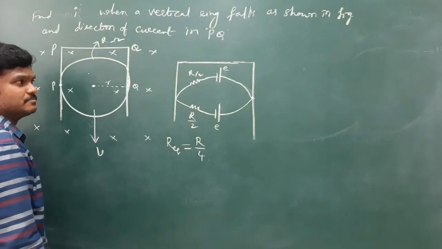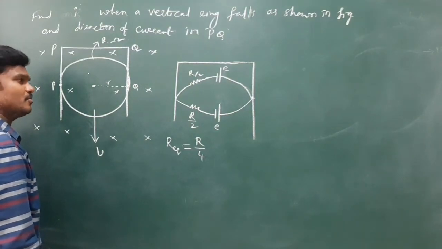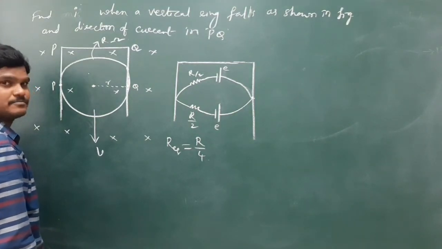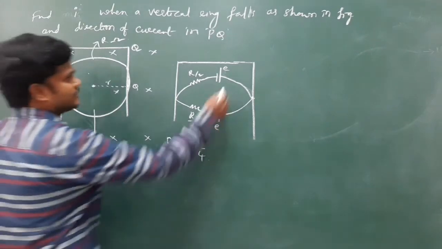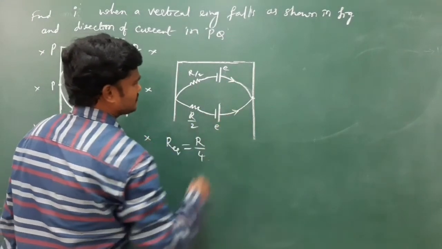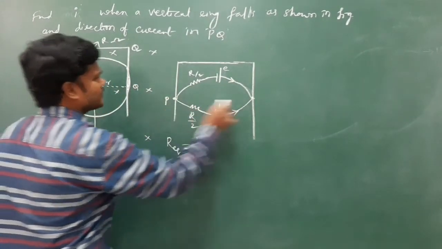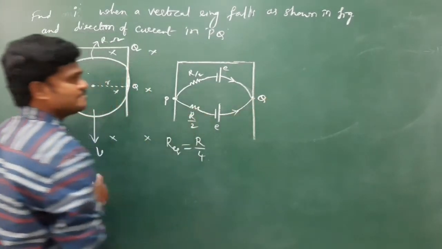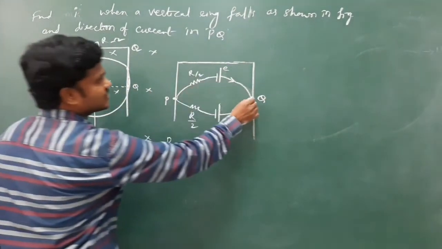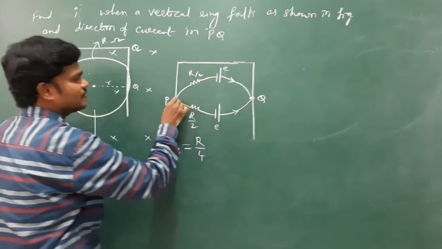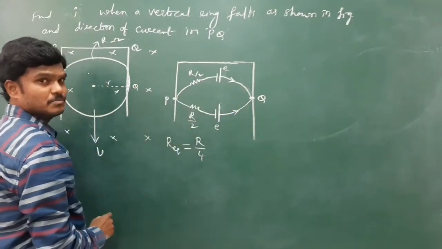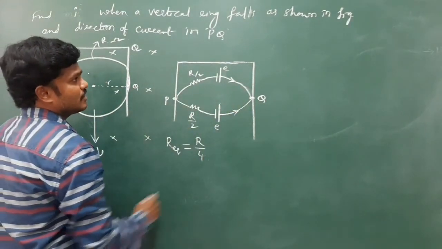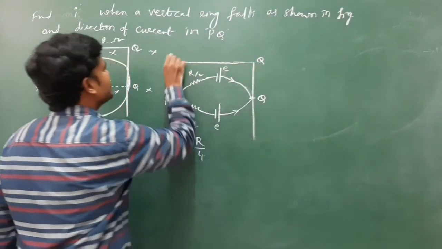R by 4. Effective resistance is R by 4. Okay, and see, this is P, this is Q. These two currents are entering here at Q. So the current flows from P to Q. Okay, and see here, this is Q, this is P.